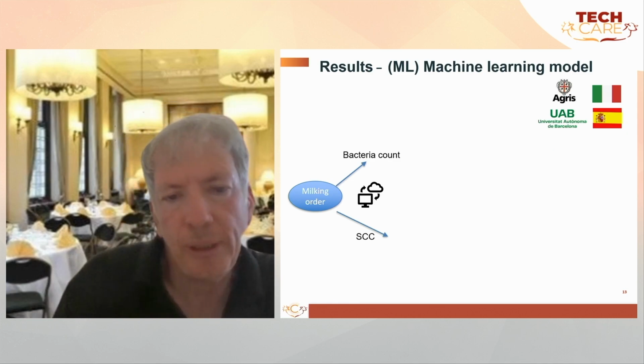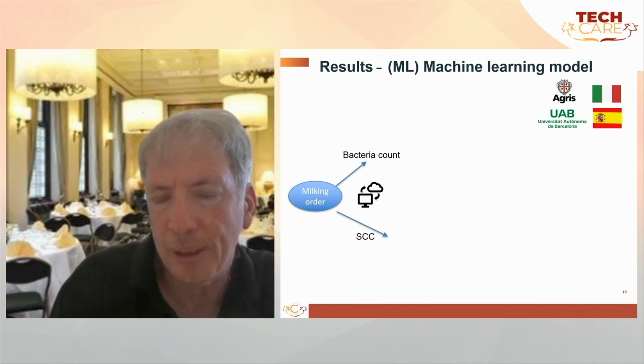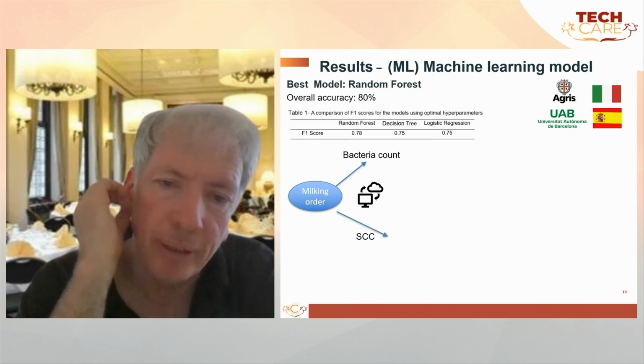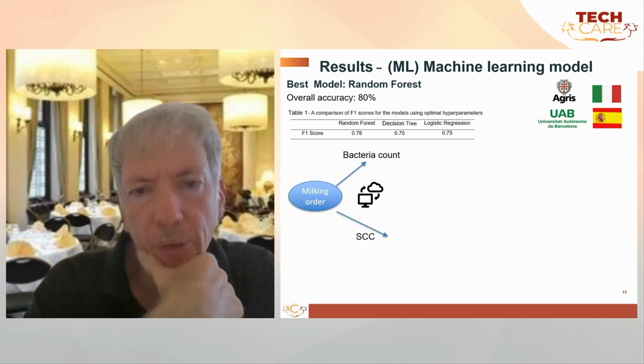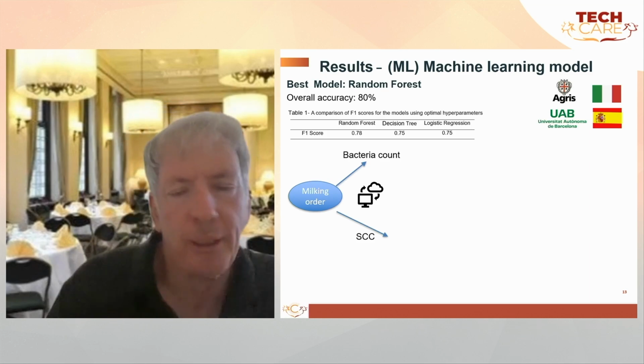So what you see here is that the milking order is used for both bacteria count and somatic cell count. Can you go forward, please? After trying quite a few machine learning models, it ended up with 3 that we presented here today.